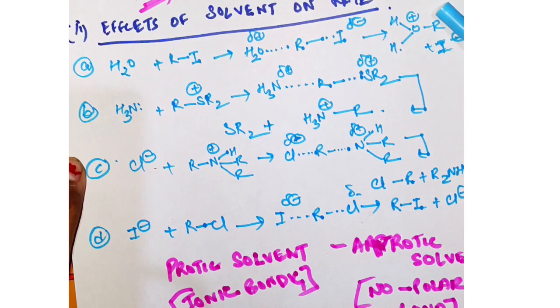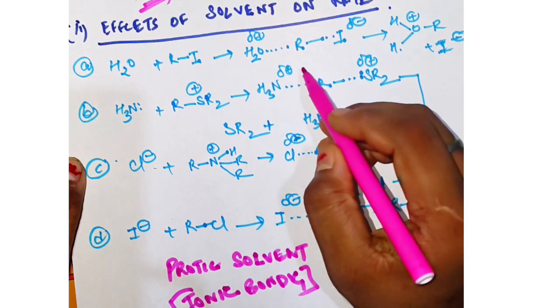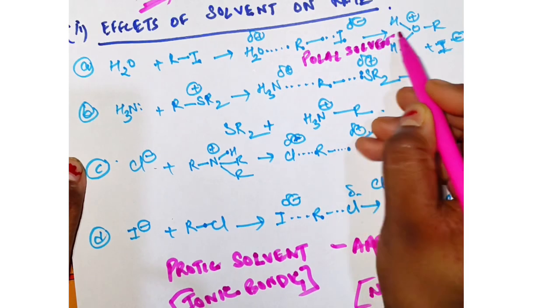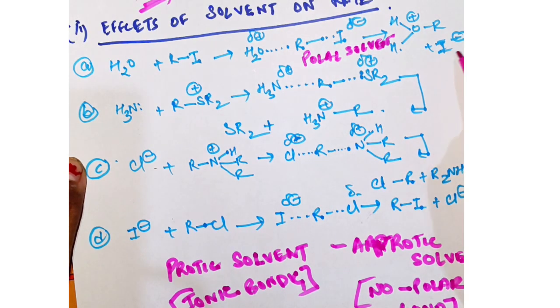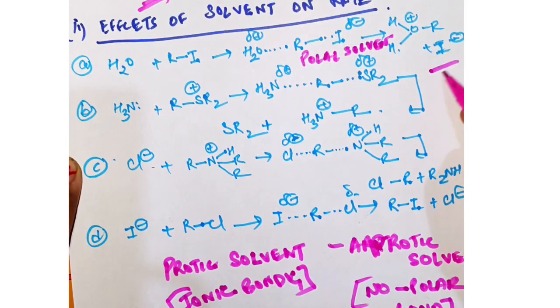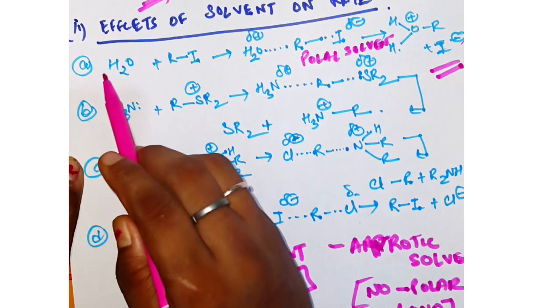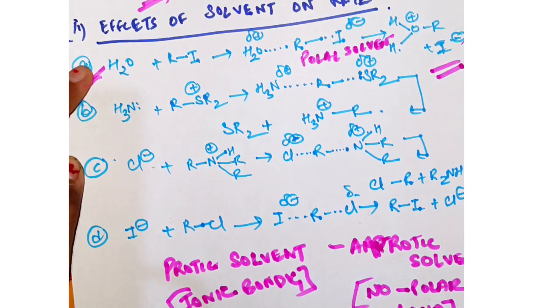That will increase the rate of the SN2 reaction. If it is a polar solvent, it will make hydrogen bonding and solvate this anion, and hence the rate of the SN2 reaction will increase in case A.